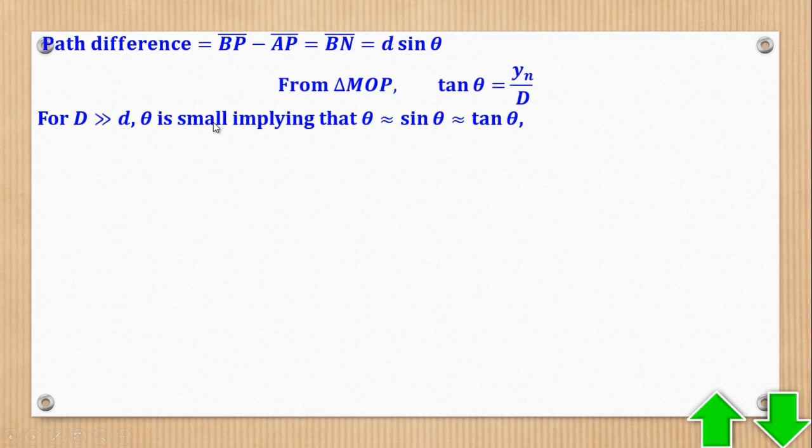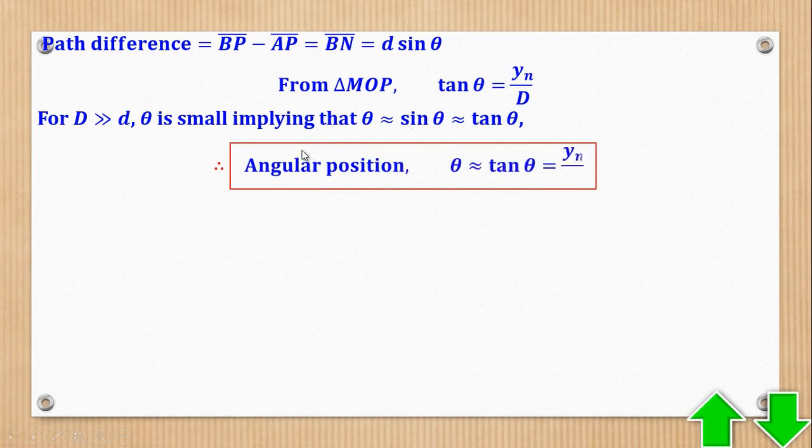And for small angles measured in radians, theta approximates to sine theta and also approximates to tan theta. So what does that mean? It means that when they want angular position, they want the value of theta. So in the calculation, they can ask for angular position. Always remember that angular position is equal to yn over capital D.